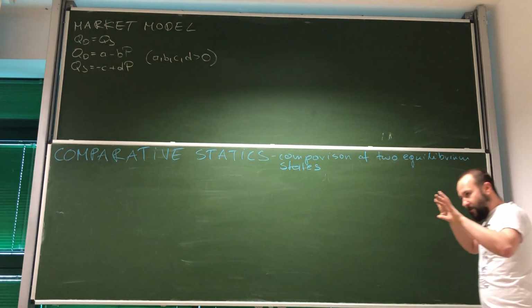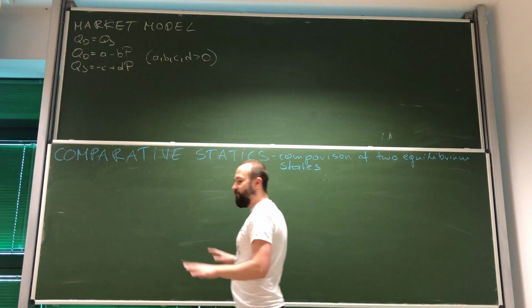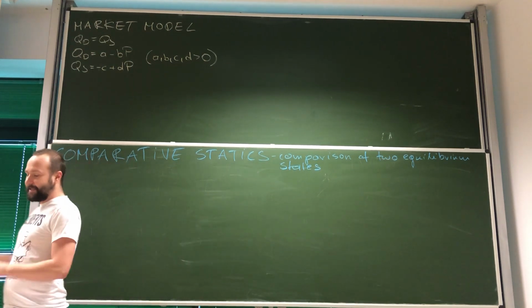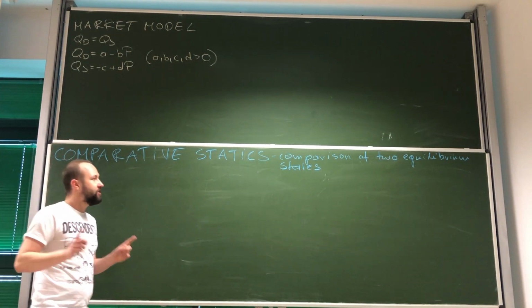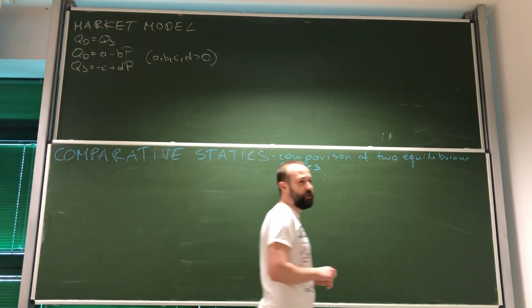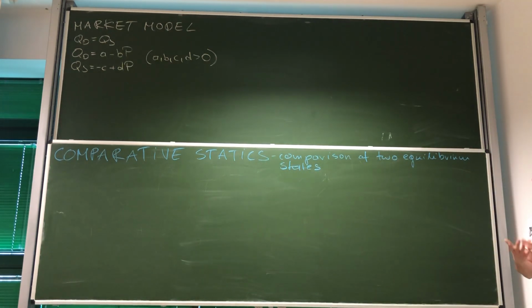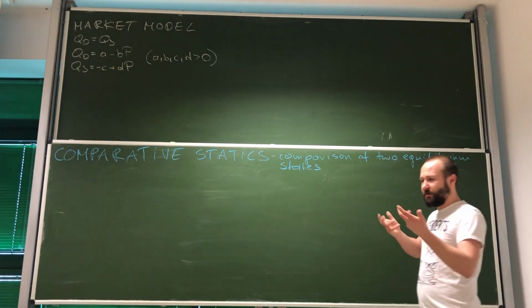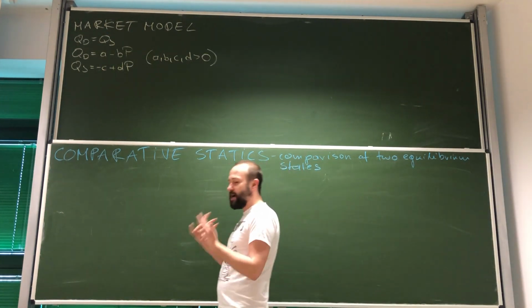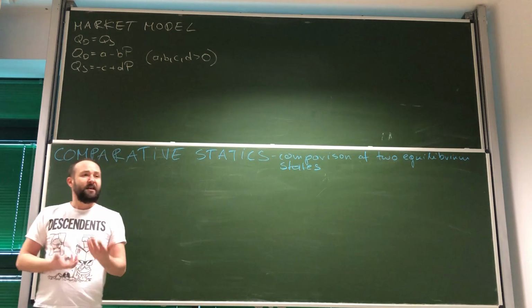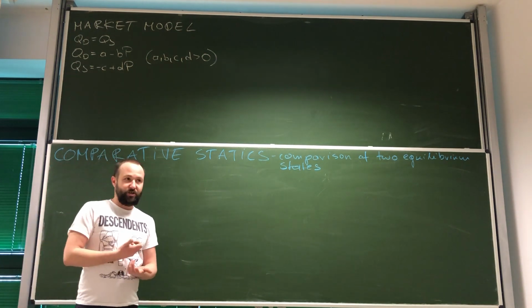So now that we know how to find equilibrium, the next task that we need to engage in is to see how this equilibrium will change if one of the underlying assumptions, parameters, or constants is going to change.